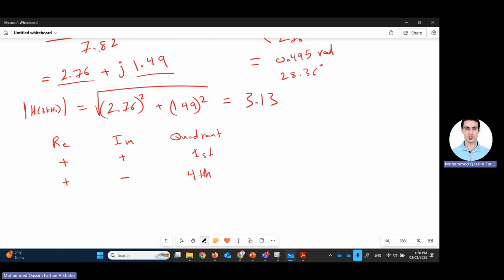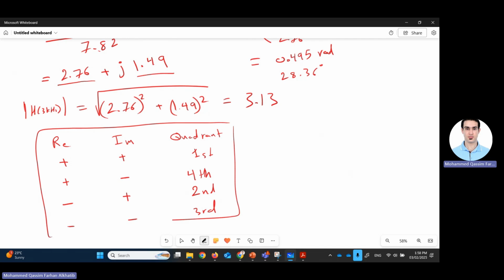Advanced math, sure. If this one is negative and this one is positive, second quadrant. If this one is negative and negative, third quadrant. No, I never actually taught it or learned it this way. It comes with experience.